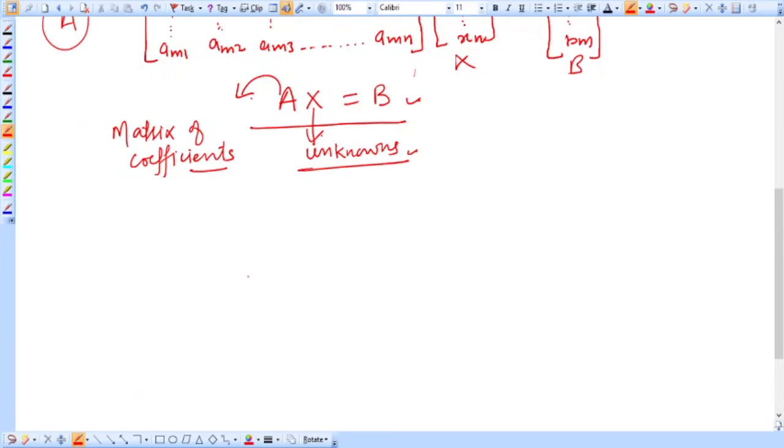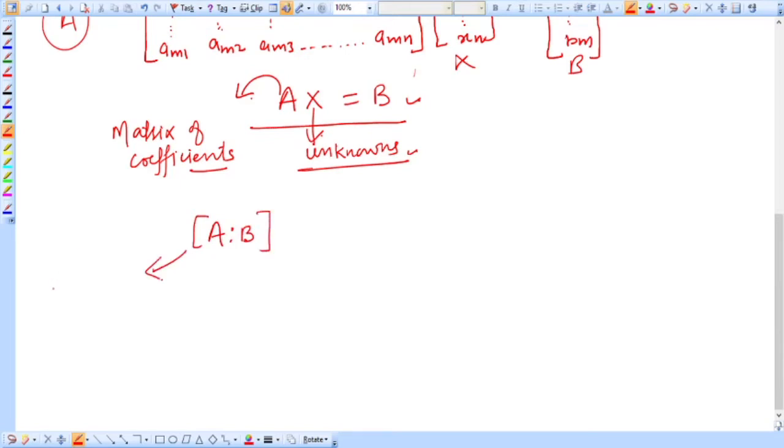Now we don't name B separately. Further, we have another matrix, A B. This is known as the augmented matrix.